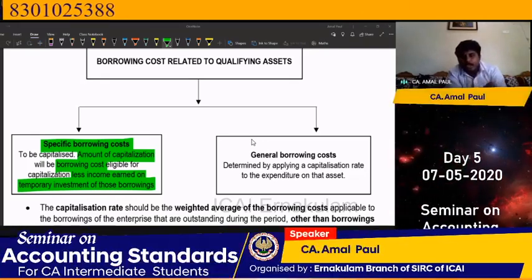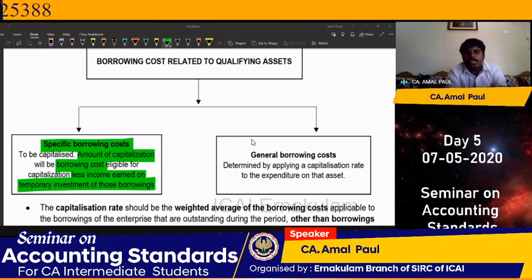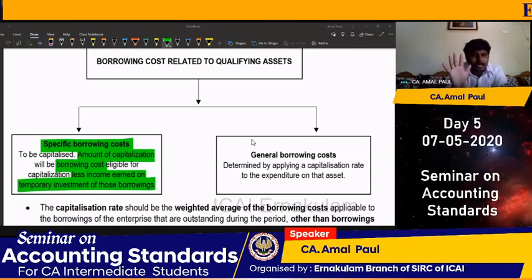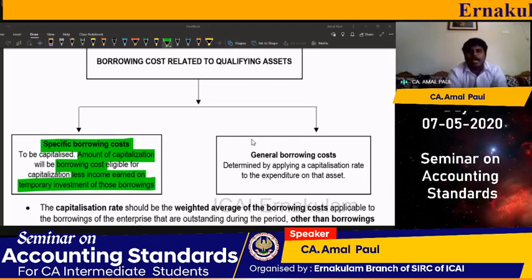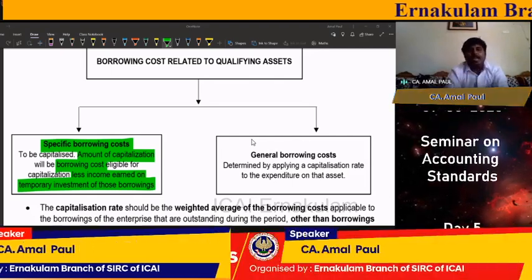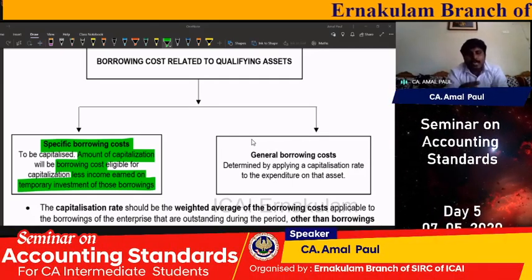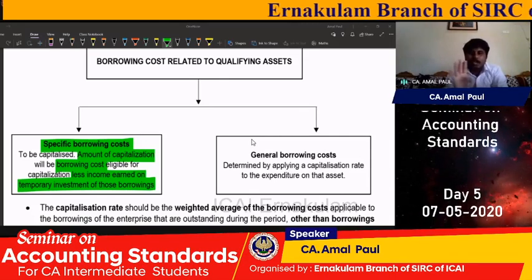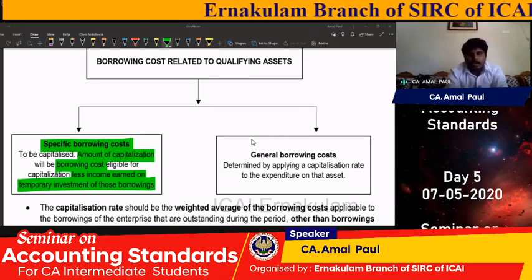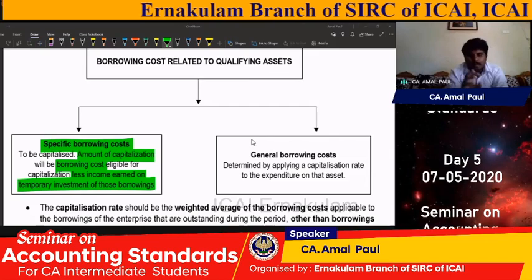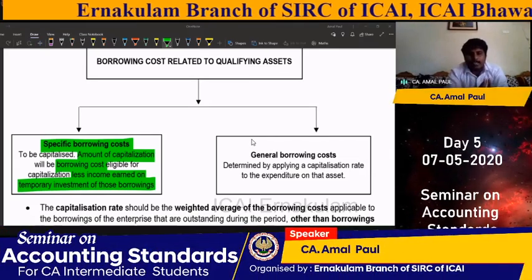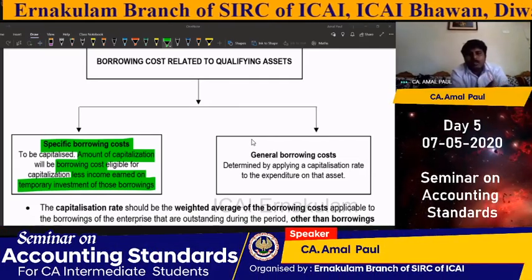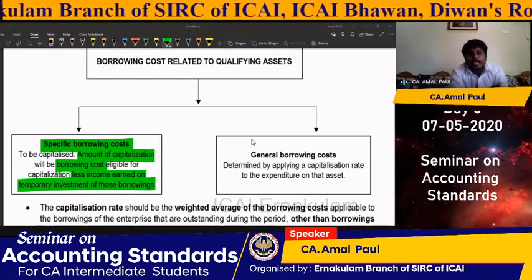So in your bank account a balance of 40 lakhs will be there. You had taken a loan for 50 lakhs, paid 10 lakhs to the contractor as an advance, and 40 lakhs remains in your account. So what you are doing is that you know that this building will be completed.